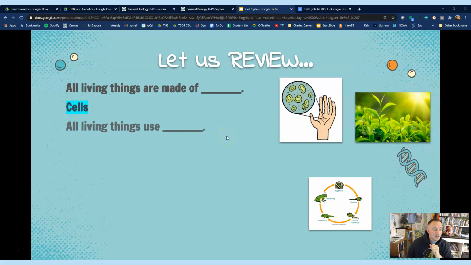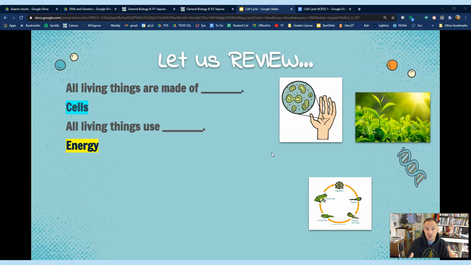And all living things use and require a source of energy in some form. We talked about this when we talked about ecology and photosynthesis, right? The producers and then the consumers. Producers produce their own energy, consumers consume energy. In order to stay alive, you need that source of energy. So energy and the competition for energy is really what drives ecosystems here on Earth.